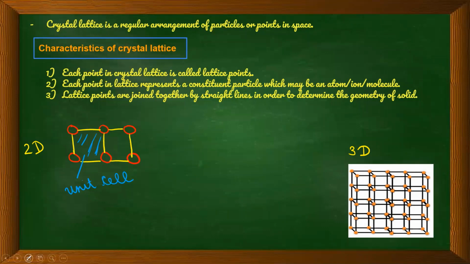In this figure also, one cube, or just this portion, is known as the unit cell. So in short, we can say that the unit cell is the replica of the crystal structure.